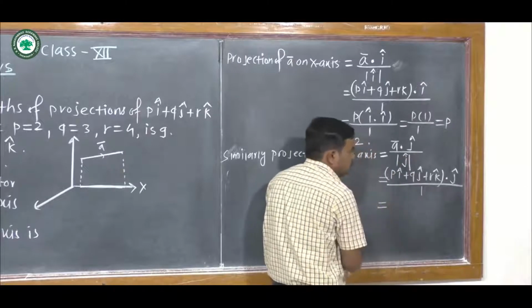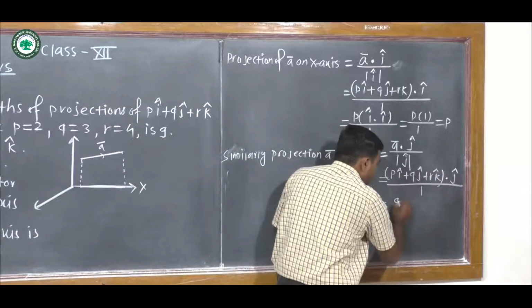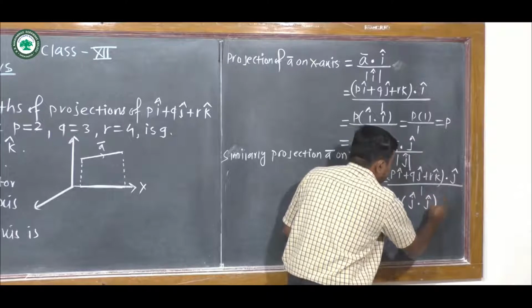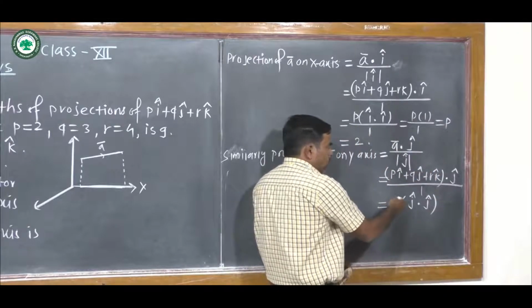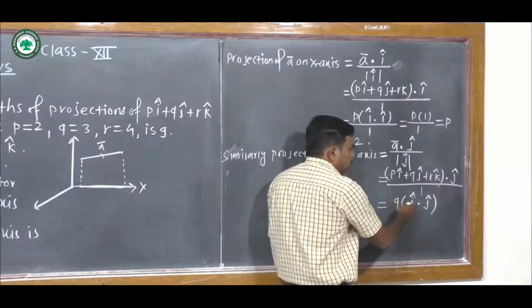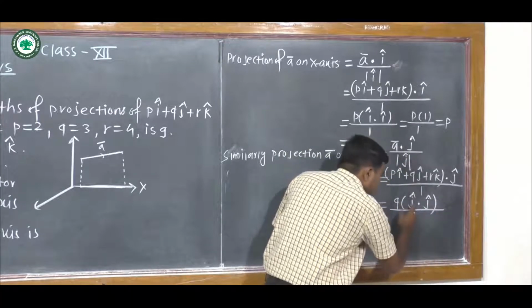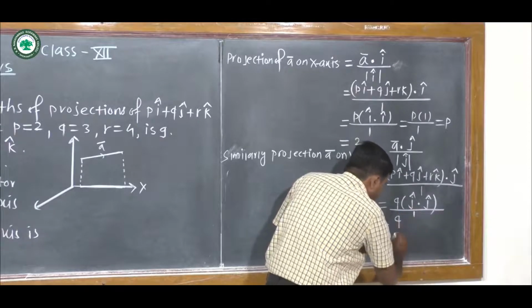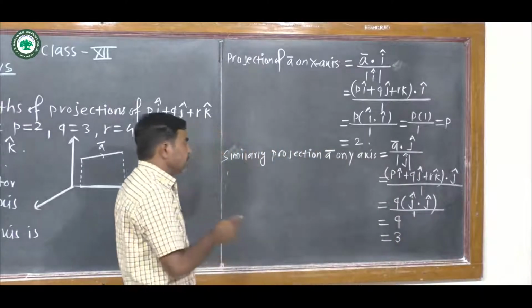The dot product of these two vectors is Q into J cap dot J cap, remaining terms 0. So Q into J cap dot J cap divided by 1. You know that J cap dot J cap is 1, so it is Q, and the value of Q is 3.